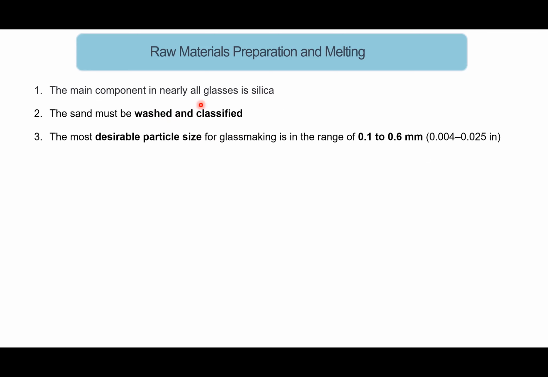Classified means you have to find the desired particle size. The best particle size for making glass is 0.1 to 0.6 millimeter, so you have to use a kind of strainer to get sand particles in that diameter range.